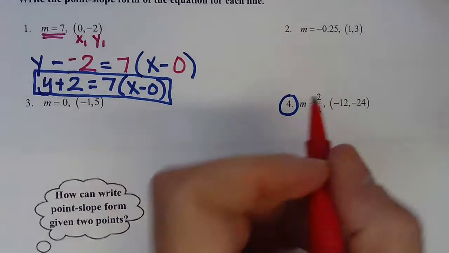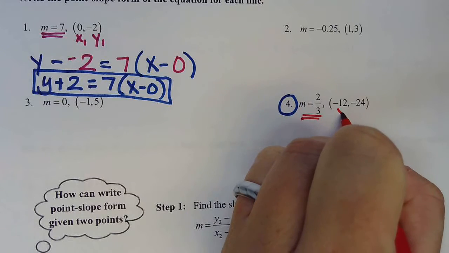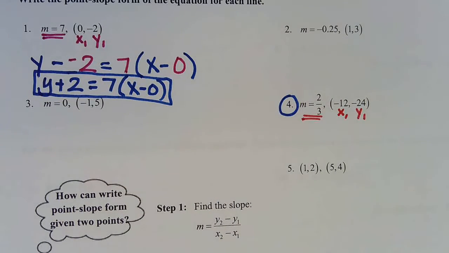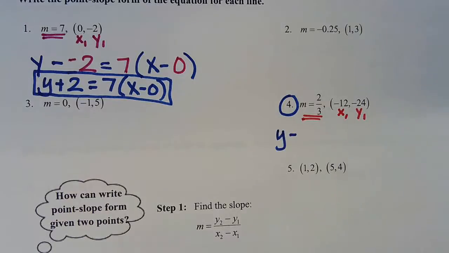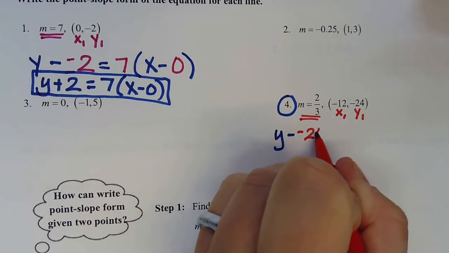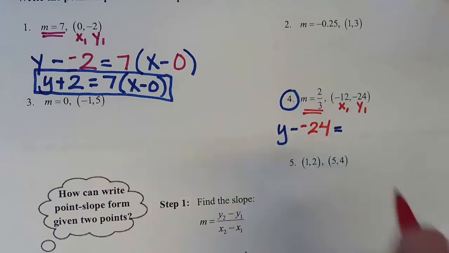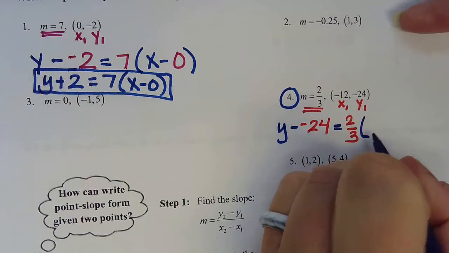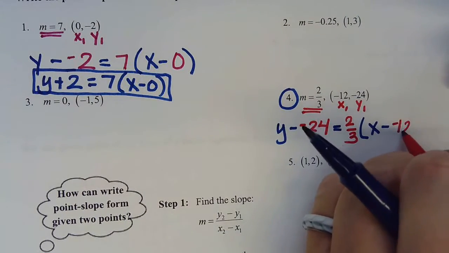All right, so they gave you m to be 2/3, and then they gave you your point. So the -12 is your x1, and the -24 is your y1. So then when you go to plug in, you do y minus y1, which is -24, equals m, which is 2/3, parentheses, x minus x1, which is -12.